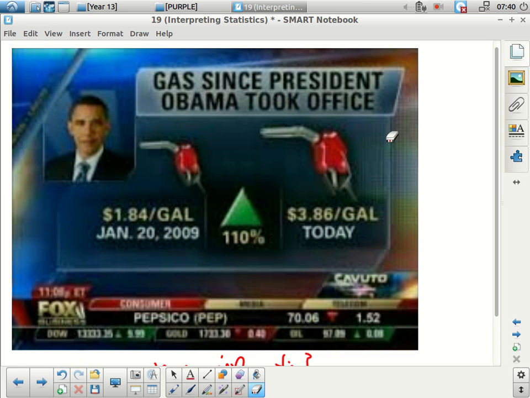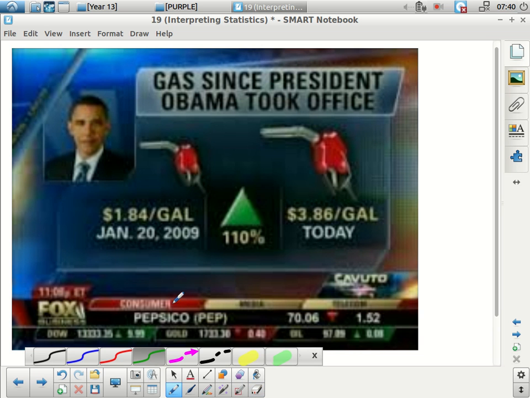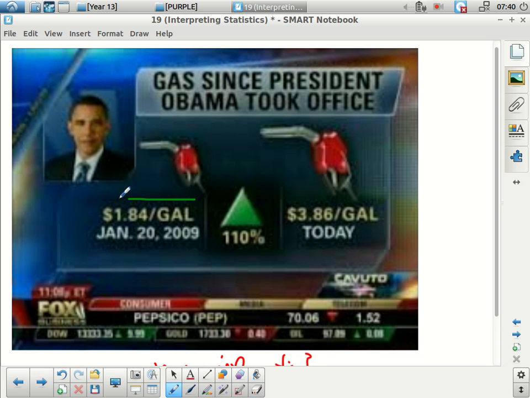And again, here's another gas price one. They have a date picked, so that's Inauguration Day, I think, for President Obama. I don't know when today is. But just taken out of context, you don't really know what the trend is. And obviously, the point of this graph is to say, hey, President Obama, how come gas has gone up so much?